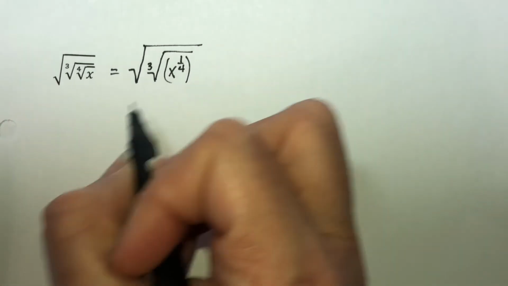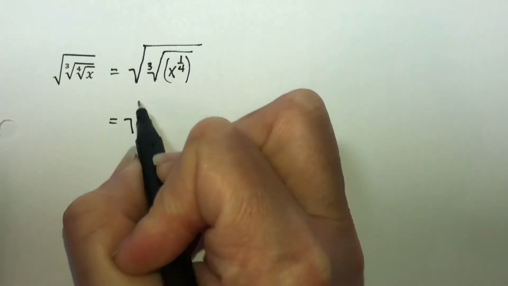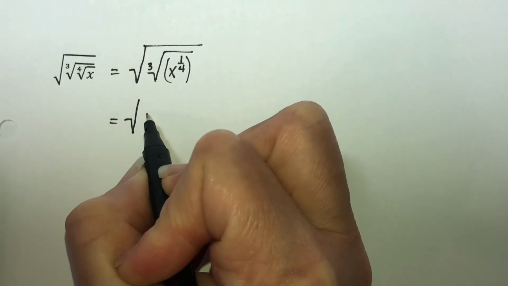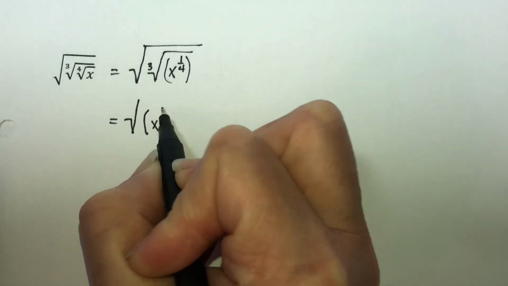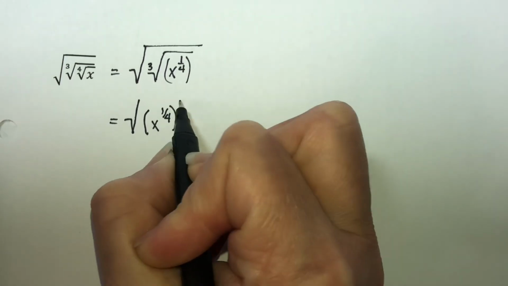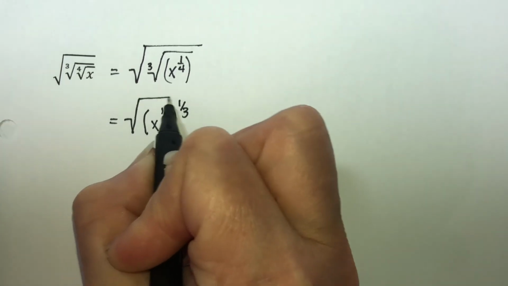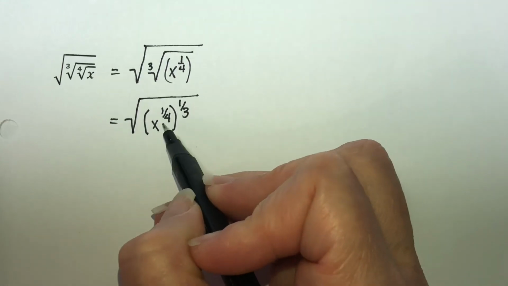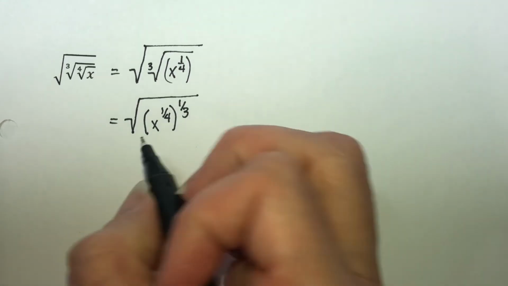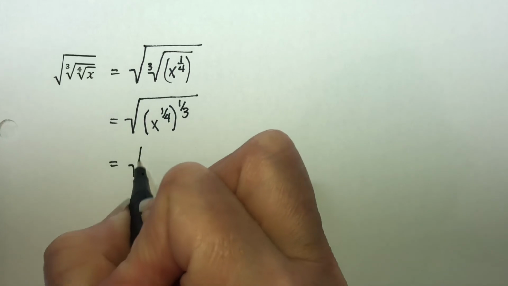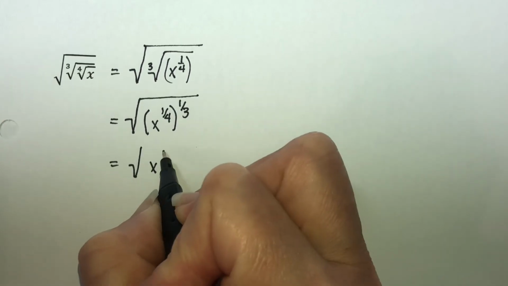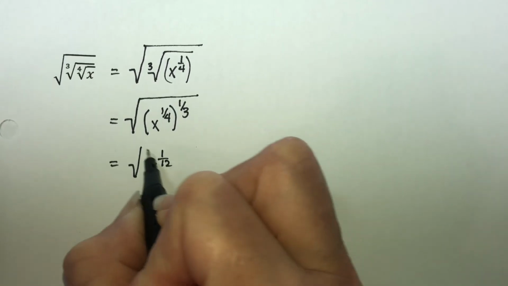Now I'm going to take the cube root. So this is going to be x to the 1/4 to the 1/3. Now what do I do here? A power to a power, I multiply those exponents. So this is the same as the square root of x to the 1/12.